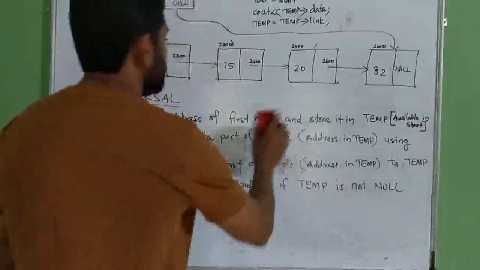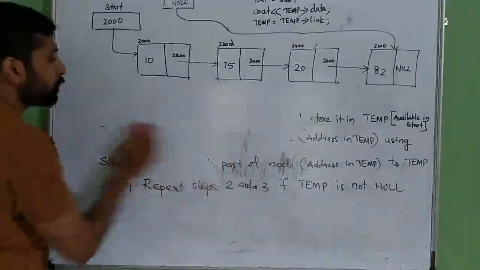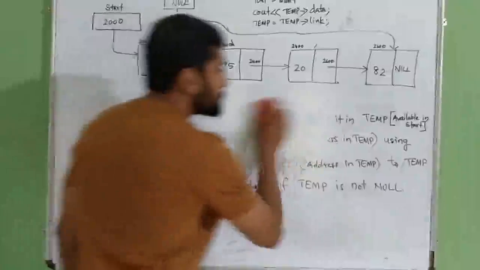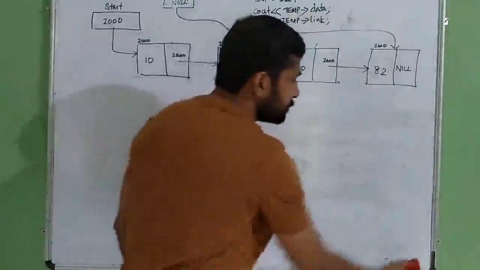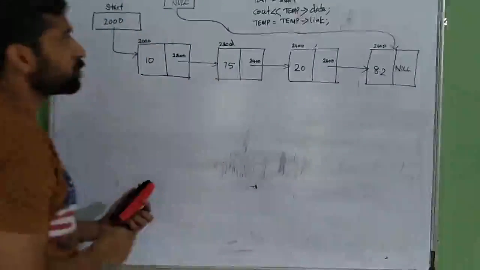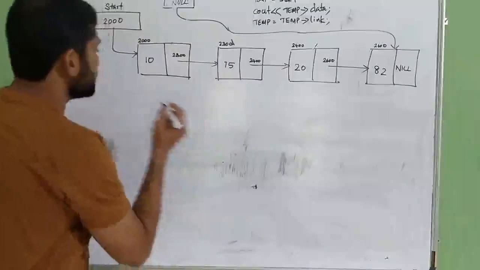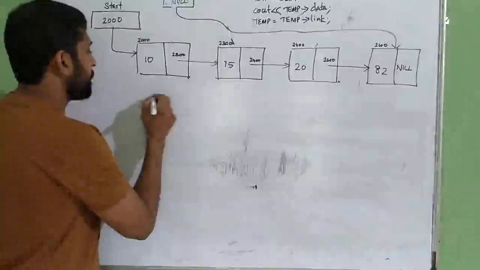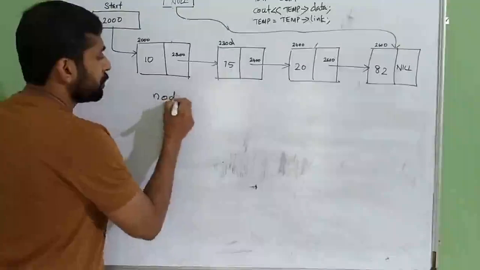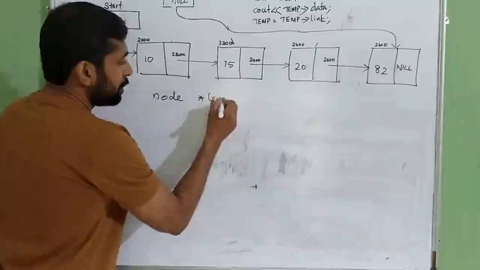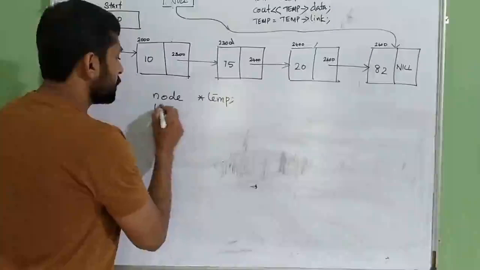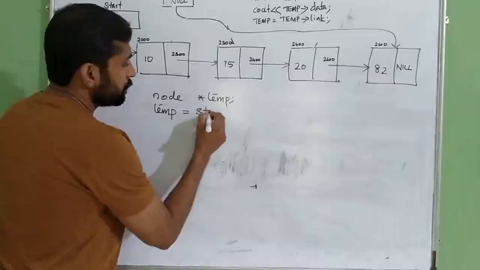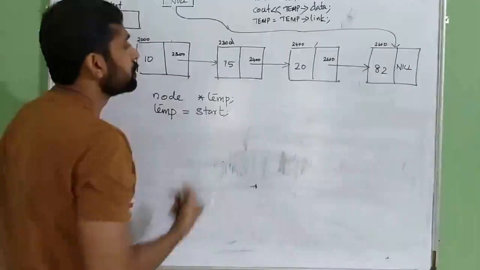So what would be the C++ code for this? We can write C++ code for this traversal operation like this. Say node star temp equal to start.